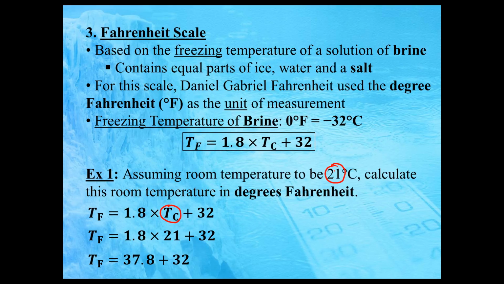And then we're just left with adding 32 to that. Therefore, 21 degrees Celsius would be a Fahrenheit temperature that is 69.8 degrees Fahrenheit. So your Fahrenheit temperatures are always going to be higher than your temperature in degrees Celsius.